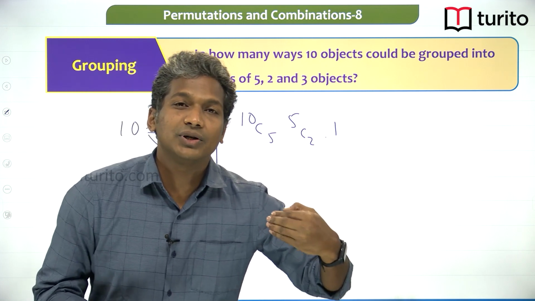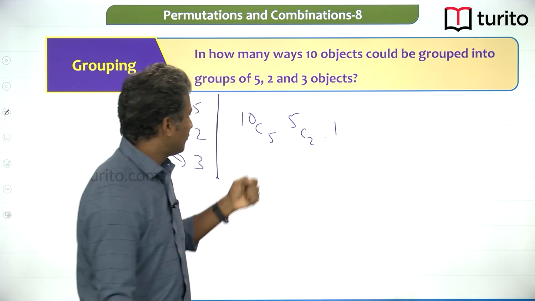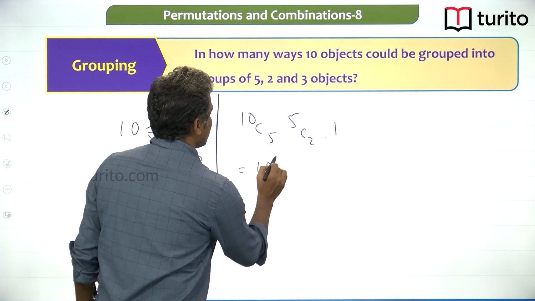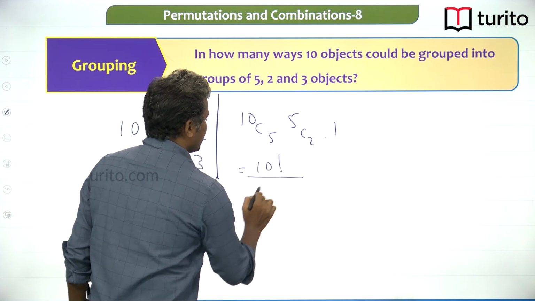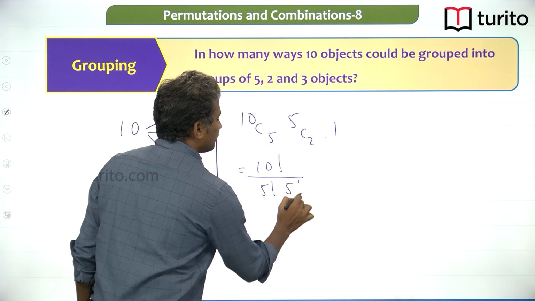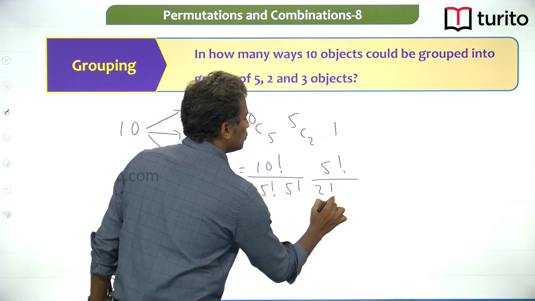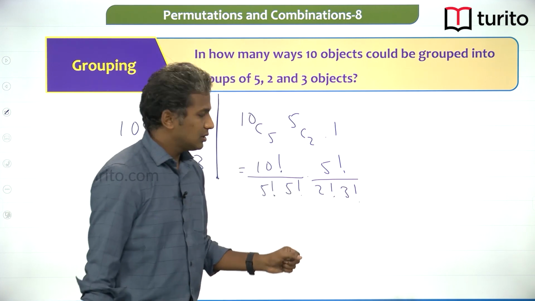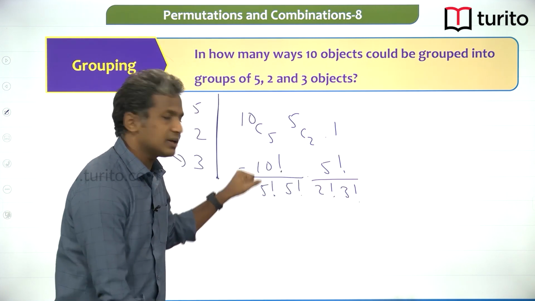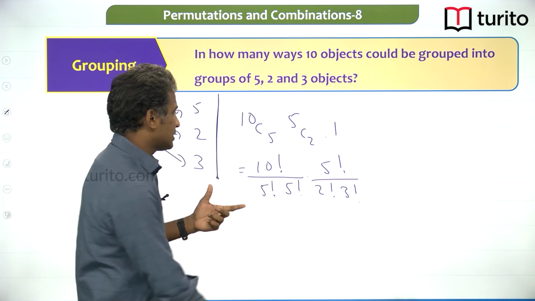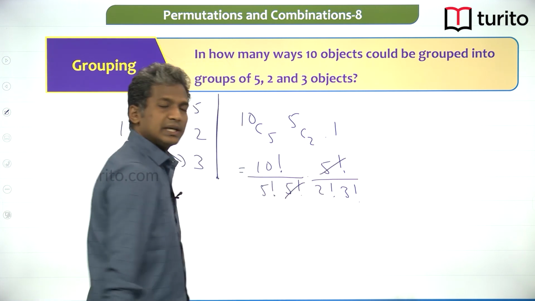Now still, if you want to observe the formula here, we can expand this and observe it. So let me just expand this. We will be getting 10 factorial by 5 factorial into 5 factorial, by 2 factorial into 3 factorial. This is our 5C2, this is our 10C5. Now see if there are any terms which are getting cancelled. This 5 factorial is getting cancelled.